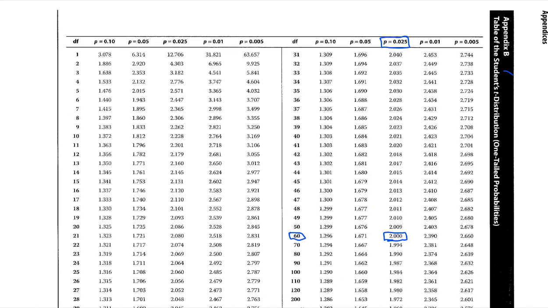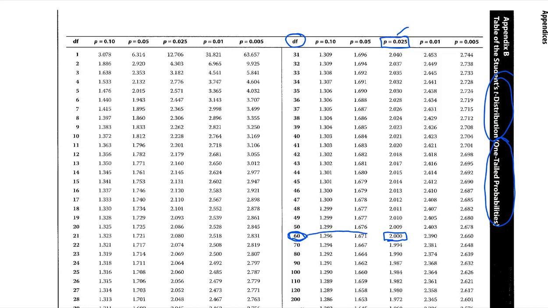And here we are. This is your t-distribution, and notice how it asks for the area for one tail. The two parameters we're looking for are the degrees of freedom, and there it is. I know our degrees of freedom was 58, but the closest one we have is 60. That's okay. And then the single tail area was 0.025.